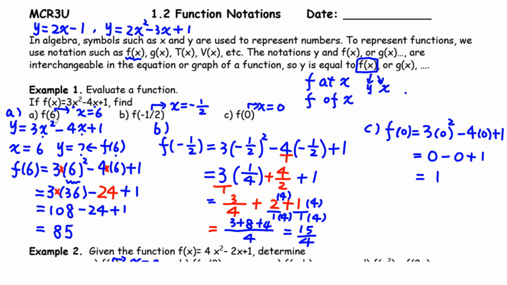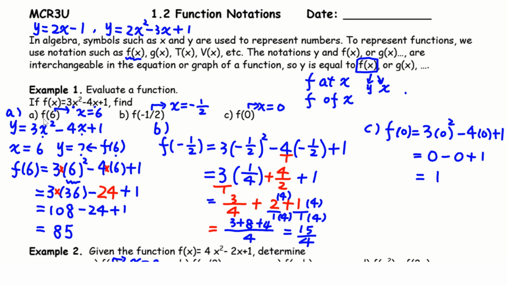Whatever is in the bracket is the input, x value, the independent value. Sometimes you may not have the x here, you could have other variables. You just replace that variable with whatever the value inside the bracket.